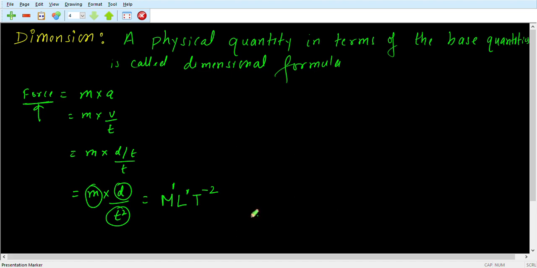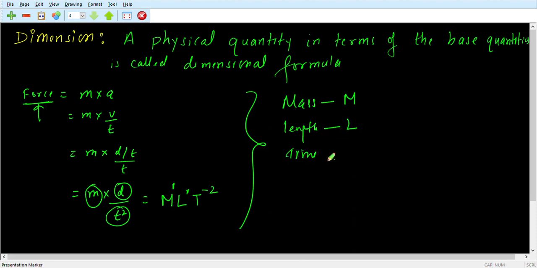And for our convenience, we write the base quantities with some symbols. For mass, we write capital M. For length, capital L. For time, capital T. For temperature, capital K. For electric current, capital I. For mole, we write MOL.